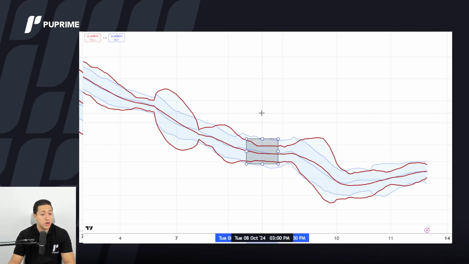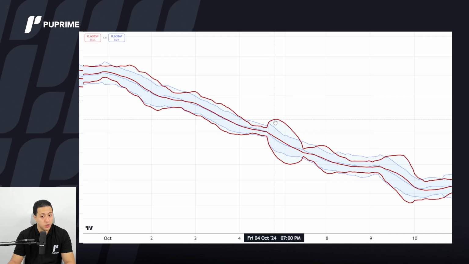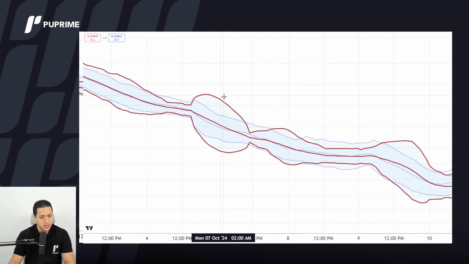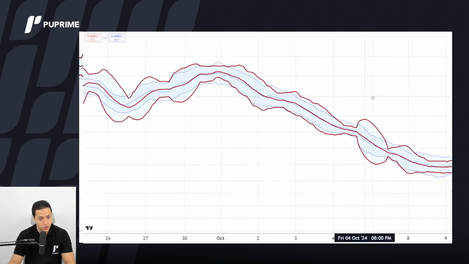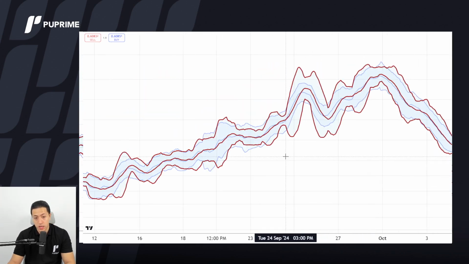On the other hand, if the Bollinger Bands are out of the Keltner channels, like this situation here, this means that prices are moving fast with powerful momentum.